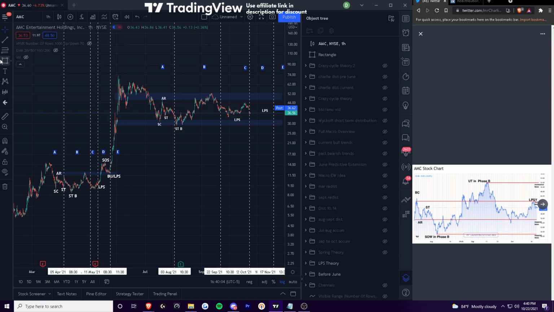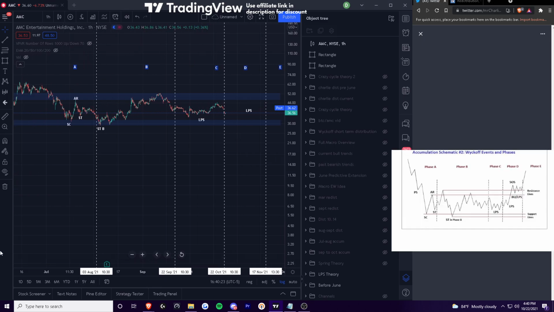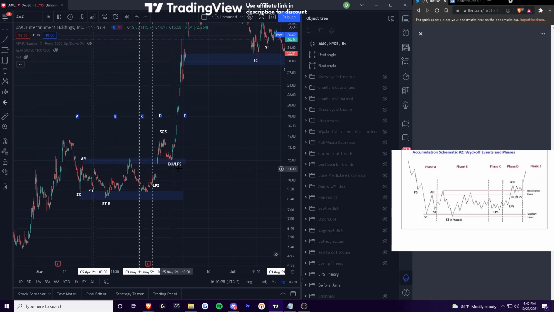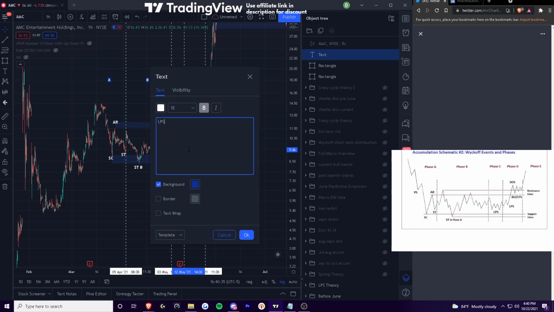So just to make it look a little bit more similar, we'll just pull these lines here. This is just for your support and resistance, basically the support levels and resistance levels in the schematic. And let me pull that schematic back up for you too, so you can see what I'm talking about. So here we had our last point of support, and then we would have had another one right here.